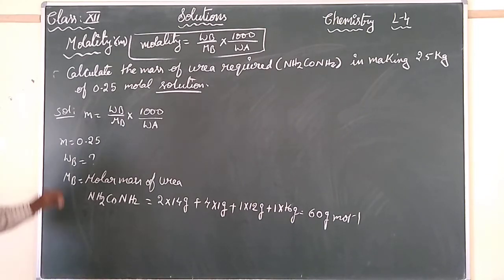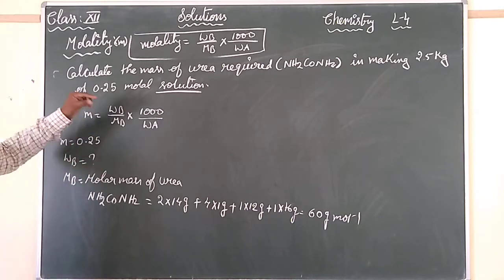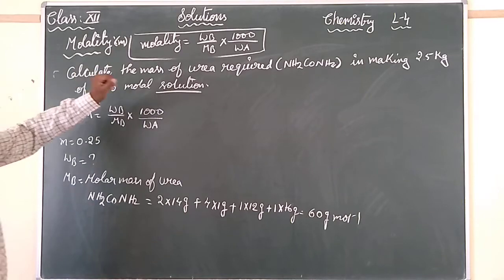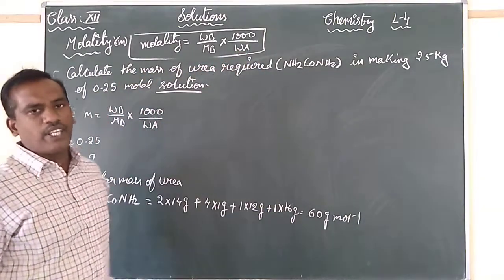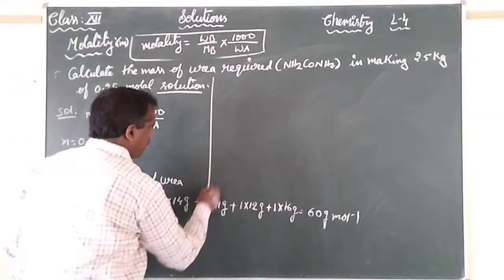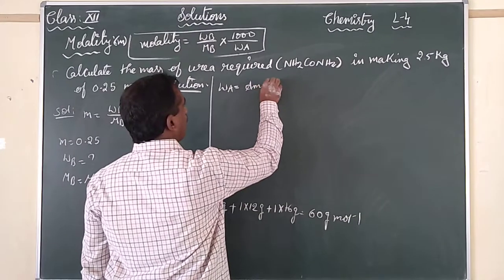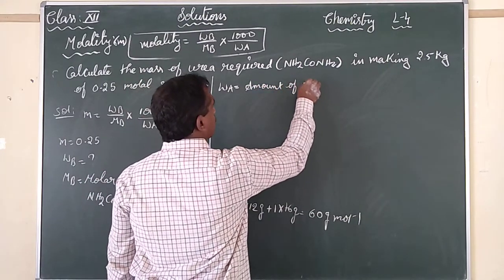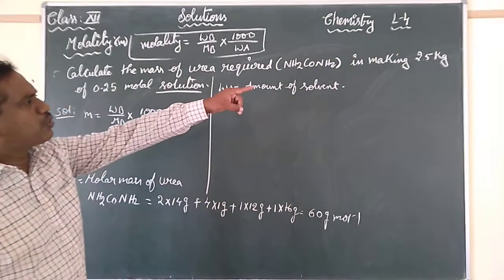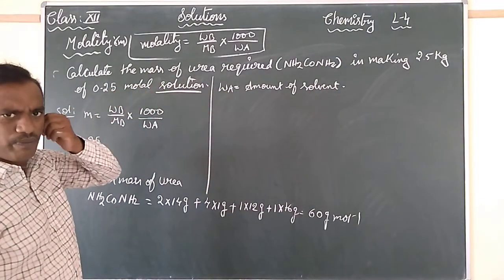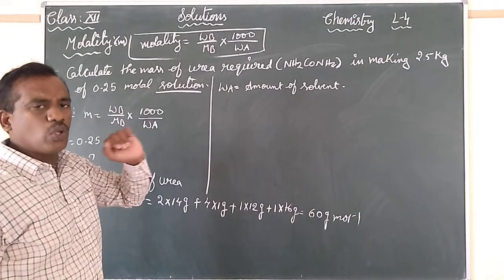Please observe here. Whenever we want to find out the amount of solvent, that is WA, in the question the solution mass was given. How is the solution prepared? By mixing solvent with the solute.